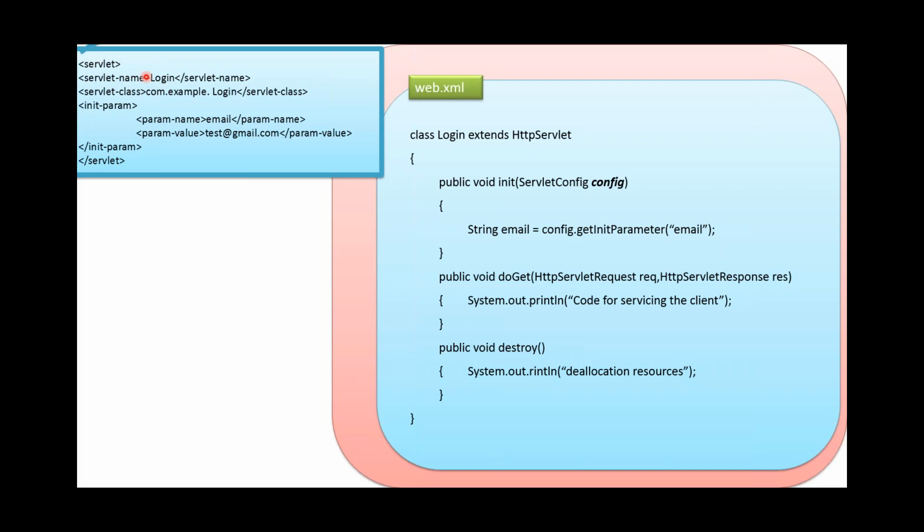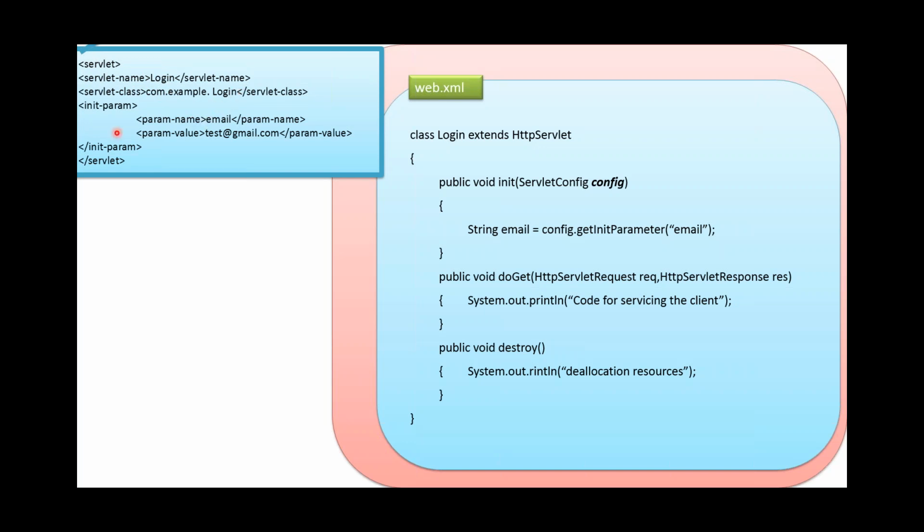I repeat, servlet name is the alias name given by the developer, and servlet class is the actual name of the class given by the developer, the fully qualified name of your servlet. So you're creating your servlet in the from.example.login package.